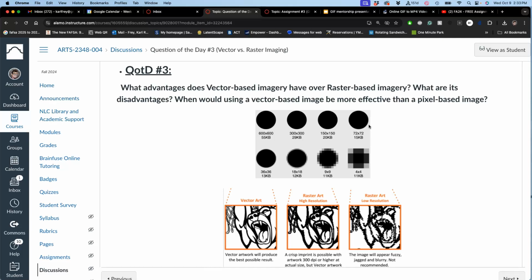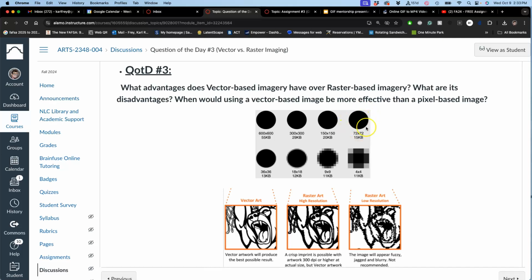So standard minimum screen resolution is what? Well, we can say any physical dimension, right? So we got 8 by 10 in general. 72. 72 what? Pixels per inch. So you notice this circle, which is showing at 72 by 72 pixels.